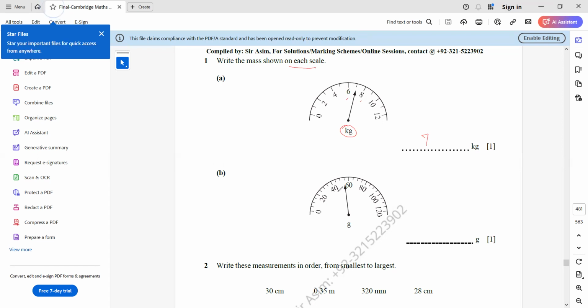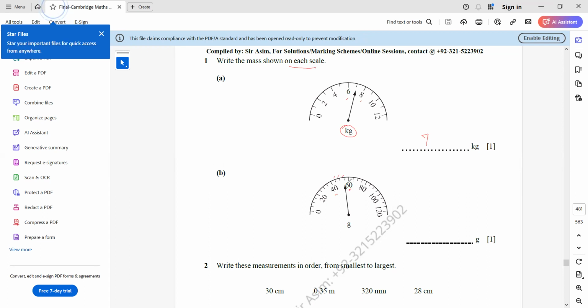In this case, the mass is in between 40 and 60. We need to observe it has got 1, 2, 3, and then 4 divisions with that.